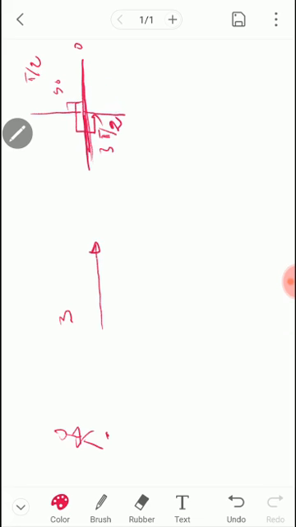This is 3 pi/2, etc. So this is our reference of directions.